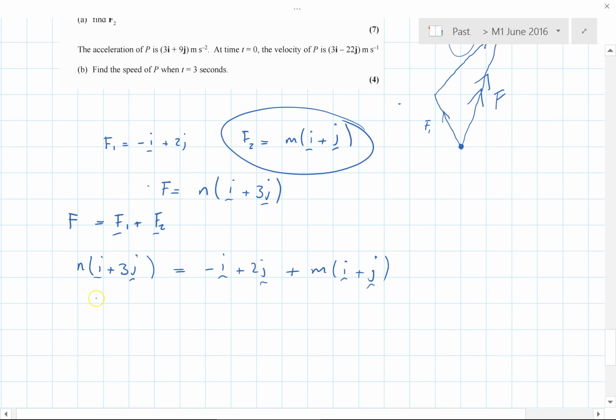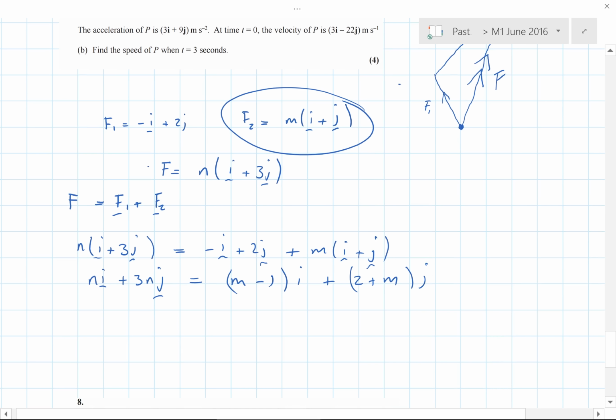Now it'd be useful to multiply this out and bring together. That's ni plus 3nj for the left hand side. Let's bring my i bits together. If I look at my i bit there, I've got minus 1 and m, so that's (m minus 1) times i. And if I'm looking at my j bit, I've got 2 and again 1m, so I've got (2 plus m) j. Now, if these two are equal to each other, the i bits and the j bits have got to be equal.